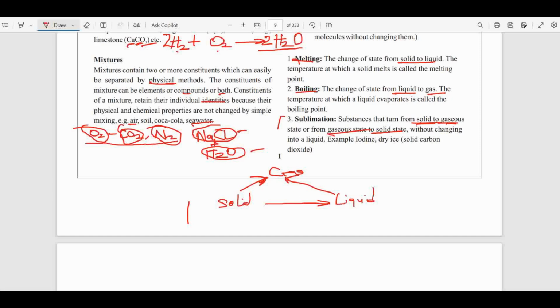Then this process here is called melting. This is melting at this point. And mind you, this is a reversible process. It is reversible because the liquid can then change back into solid by the process of freezing.